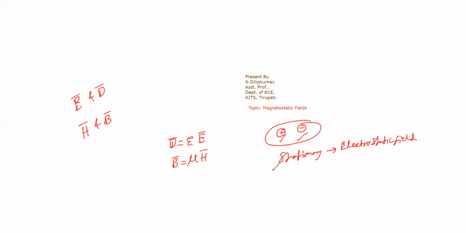It's a constant velocity. It is a generation called a static magnetic field, or the other name, magnetostatic field, is produced. That is the name we can call.